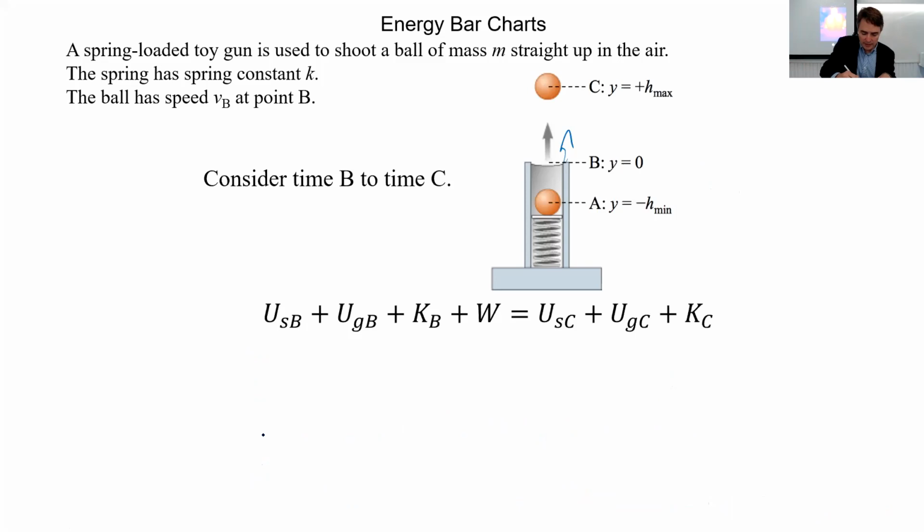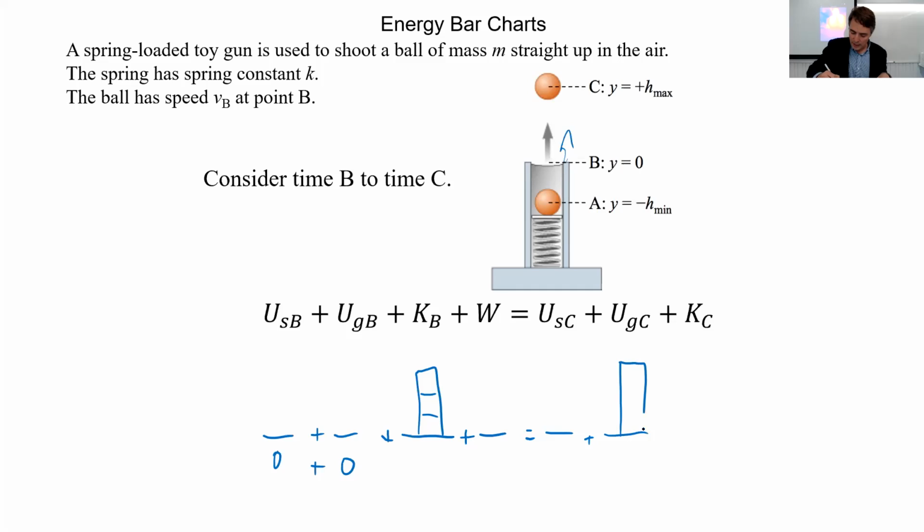In this case, it starts with 0 plus 0, plus it's got a big kinetic energy, which again was sort of 3 of these, plus 0, is equal to, again, the spring doesn't compress, but all this energy gets converted into gravitational potential energy as it goes up, so that when it gets to its maximum height, then you've got 0.